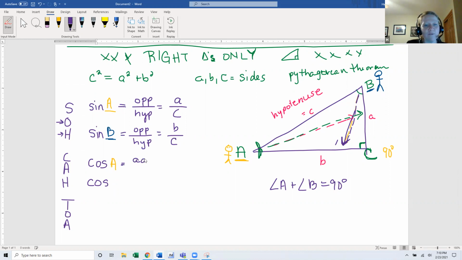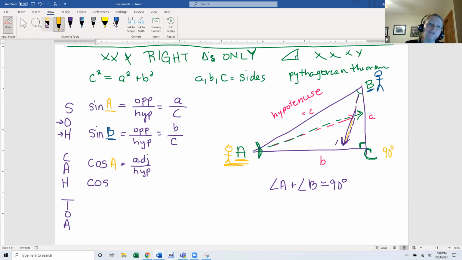This is one of the things that sometimes takes a little while to stick. So here's what adjacent means. Cosine is the ratio of adjacent side to the hypotenuse from the perspective of angle A, because we said we're going from A. So we're here with our little yellow person, down here again.